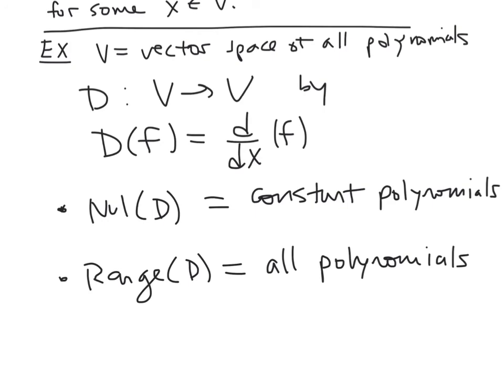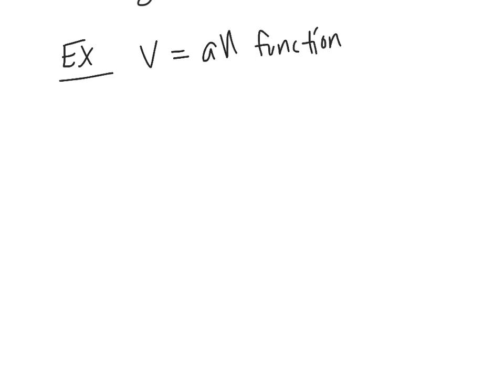All right, so let's do one more example before I let you guys work on your homework for the weekend. So we're going to let V be the space of all differentiable functions. Technically infinitely differentiable, but let's not worry about that.